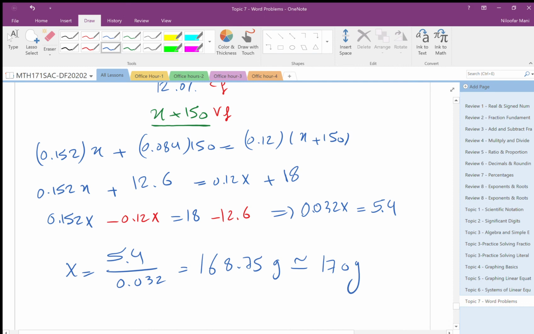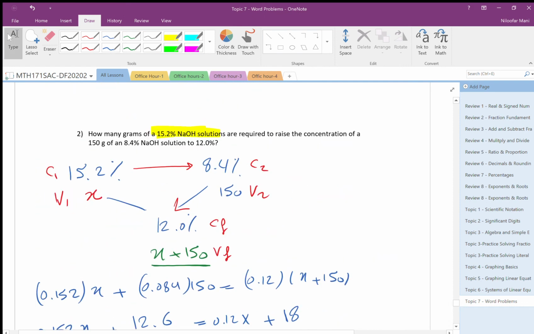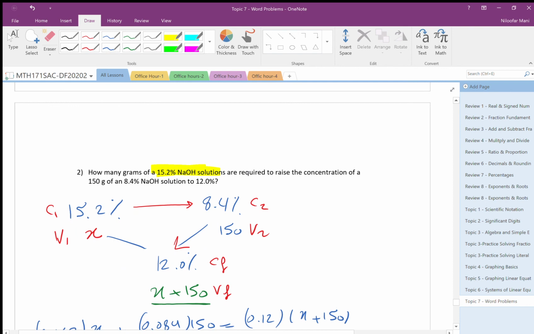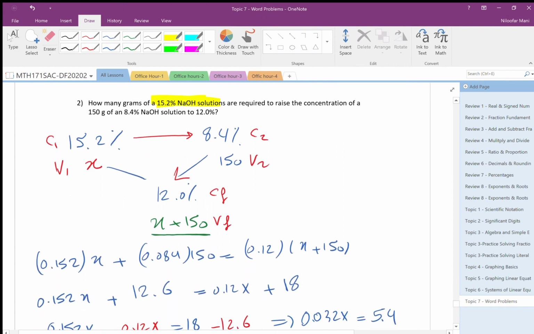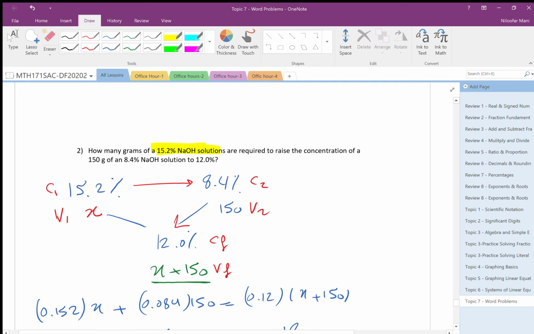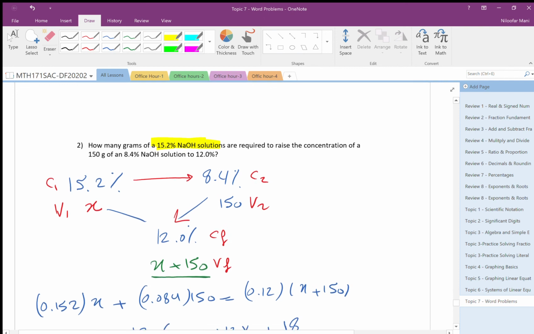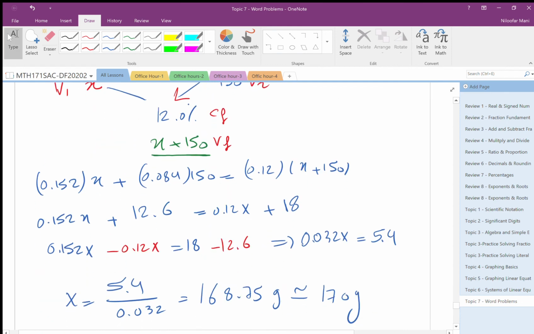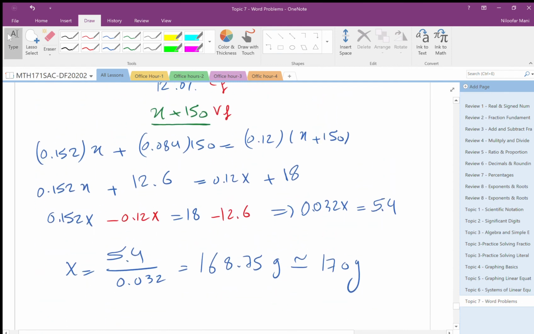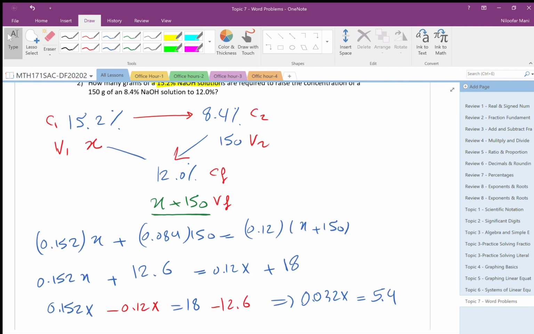If I want to round appropriately, because by now we know how to round appropriately, what should I do here? I have to look at the original numbers.